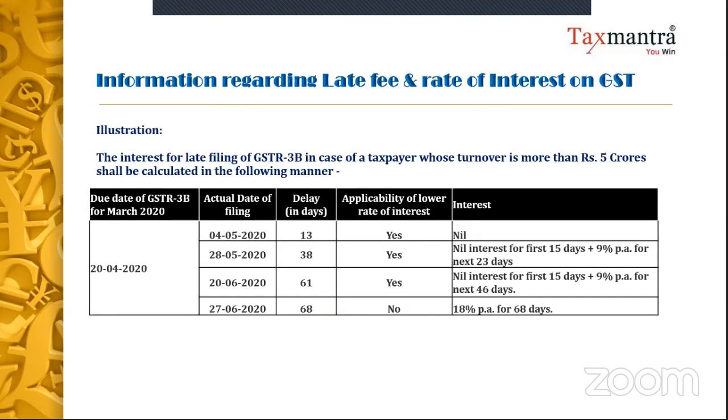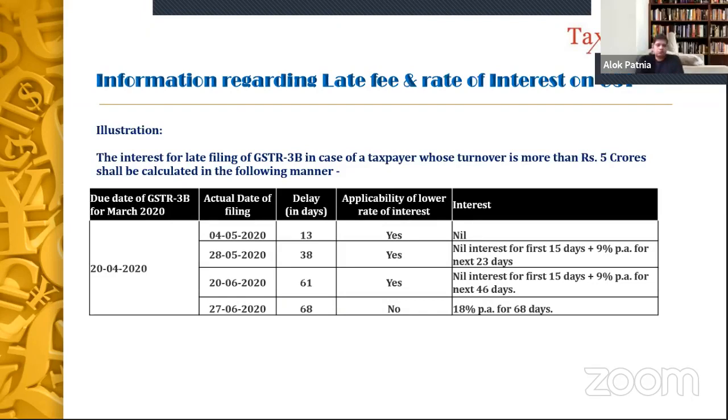If you see the illustration, I'll choose the taxpayer having turnover more than 5 years because interest will be calculated on that part only. If any taxpayer has less than 5 year turnover, there will be no interest or late fees. So for the month of March, the due date for the GST return filing would be the 28th of April.